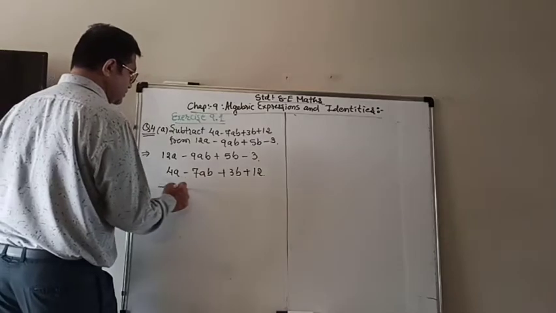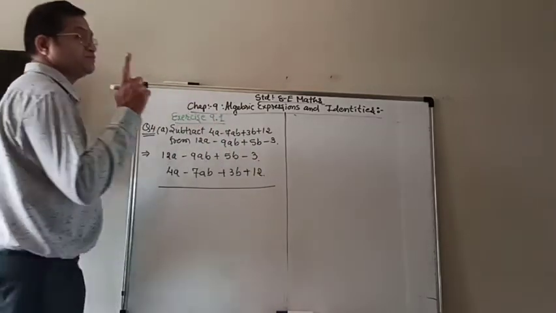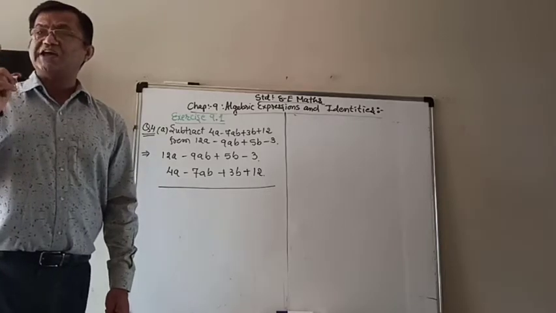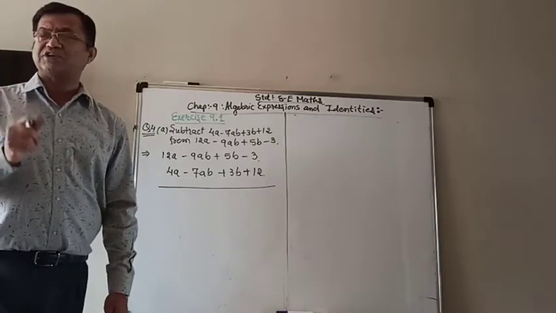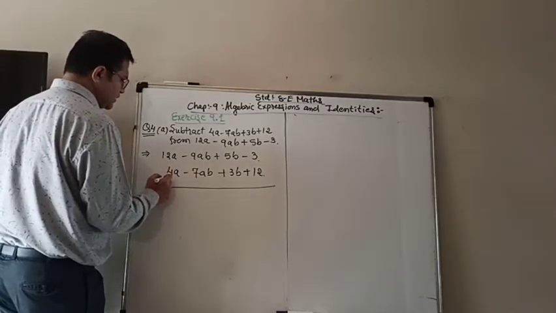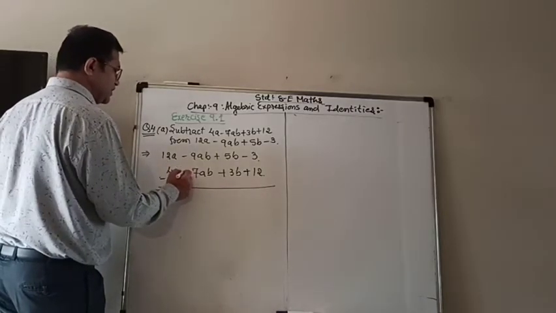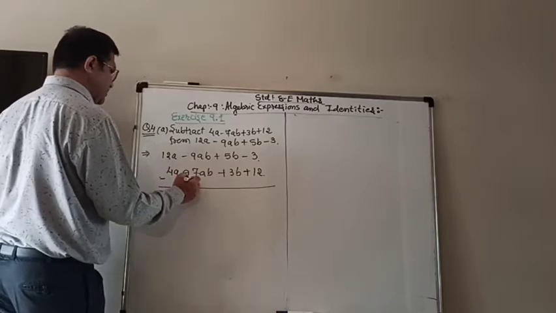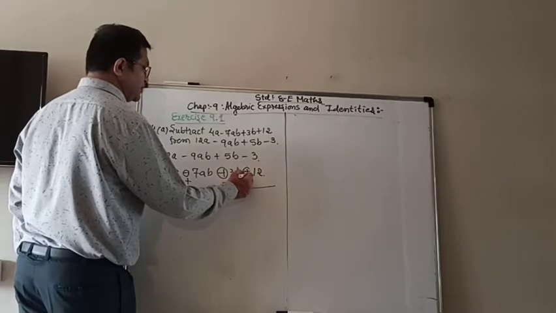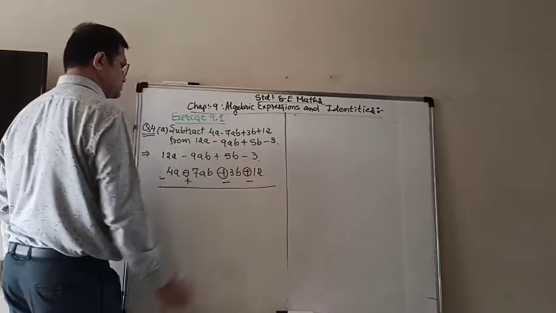So now when there is subtraction, keep in your mind that the sign of the second expression will be changed. So here we have to consider the minus sign. Here the sign will be gone, consider plus sign. Here plus sign will be gone, consider minus. And plus gone, consider minus.